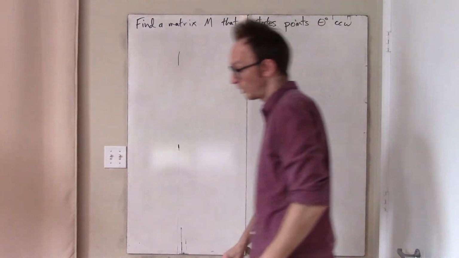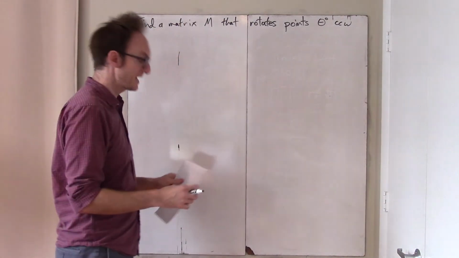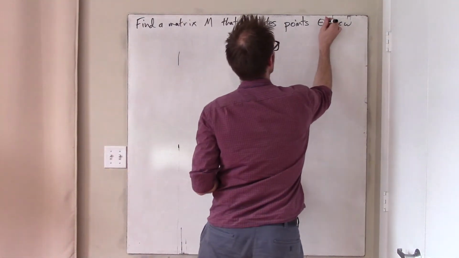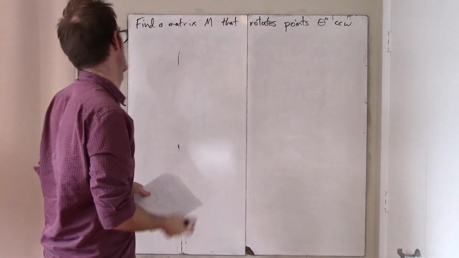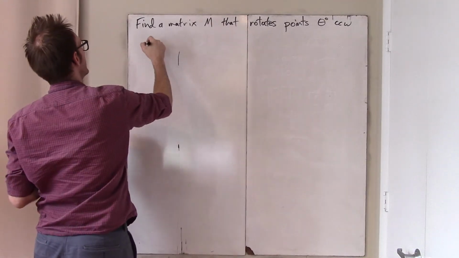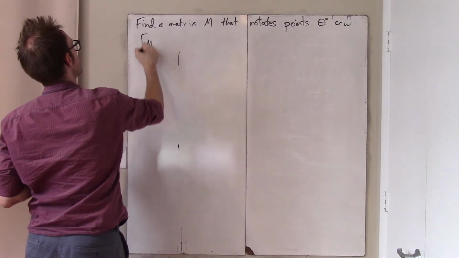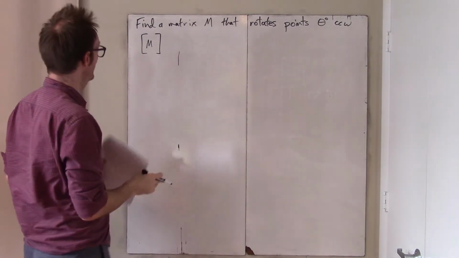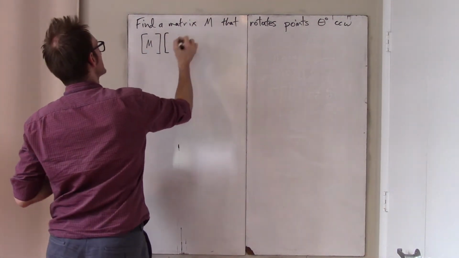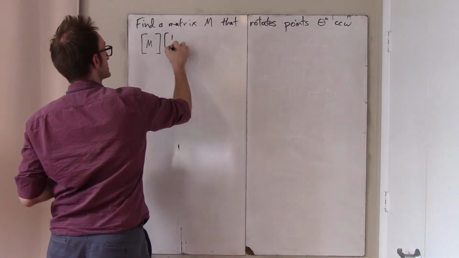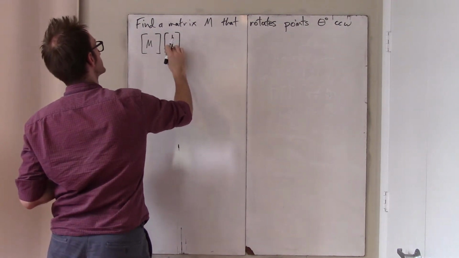Okay, here's one that's extremely important. Suppose you want to rotate points by theta degrees counterclockwise. Okay, so immediately we should say, I want to figure out the matrix that will do this. Well, I don't know what my matrix is at the moment, so I need to answer basically two questions. What does this matrix do to (1, 0)?